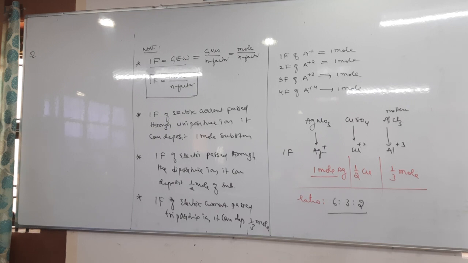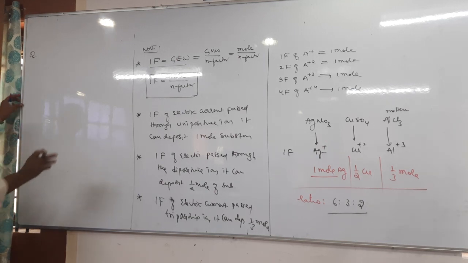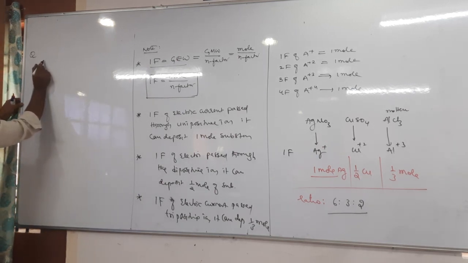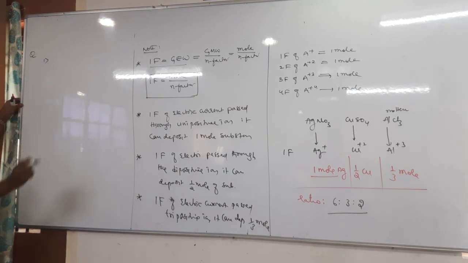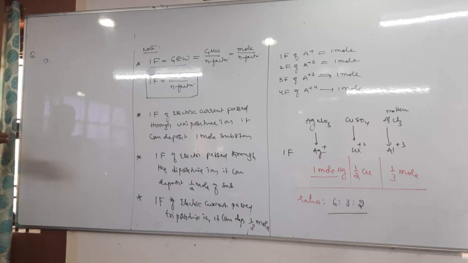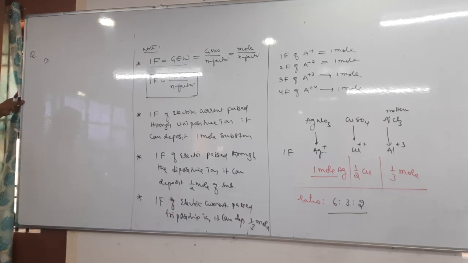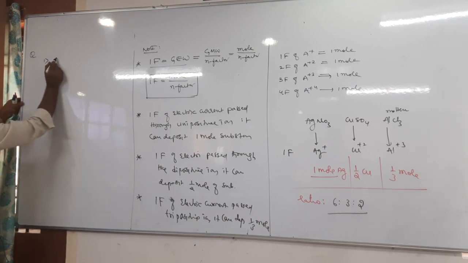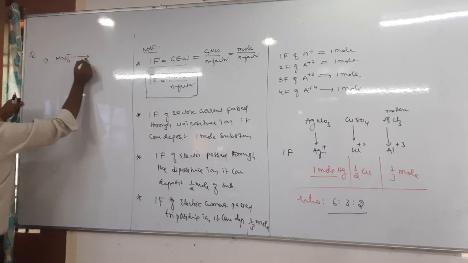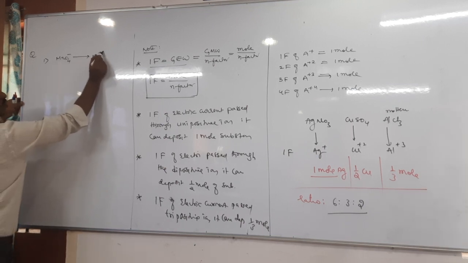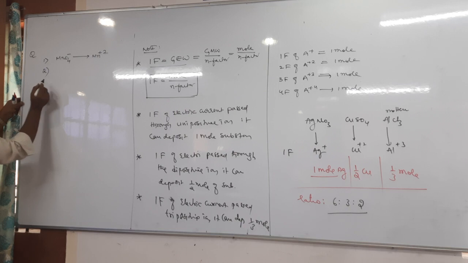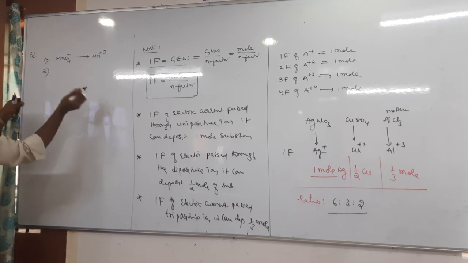How many Faradays of electric current are required in the following conversions? How many moles of electric current are required in the following conversions? 1. MnO4 minus gives rise to Mn plus 2. Even these are board level questions. 2.